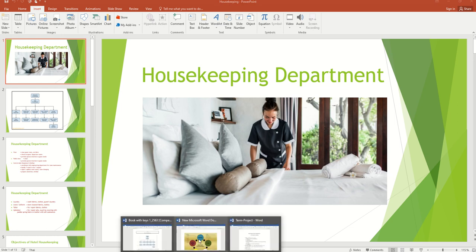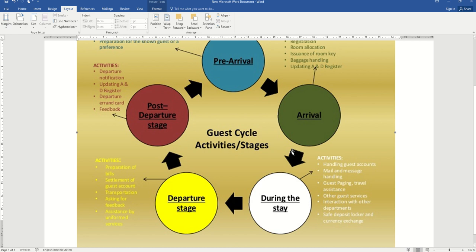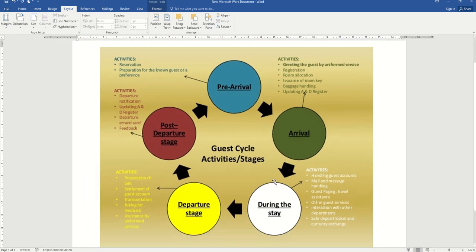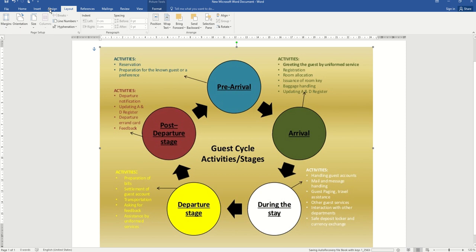Let me show you again this one. Remember that? In the book, I suggested 4 stages of guest cycle, but actually there can be like 4 or 5 stages. The first one, what is it? What is the first step?